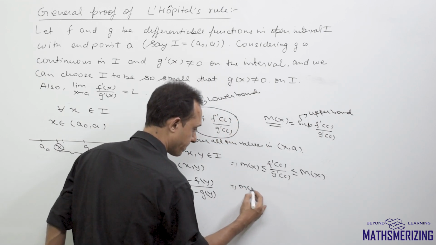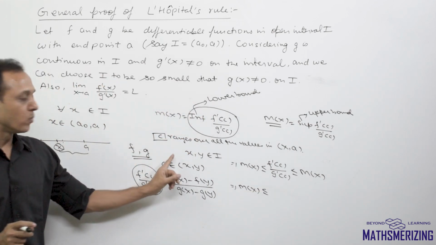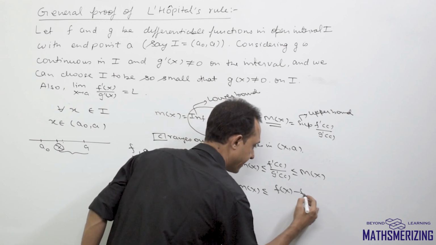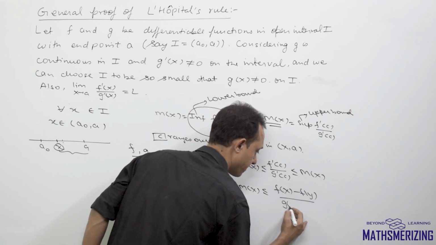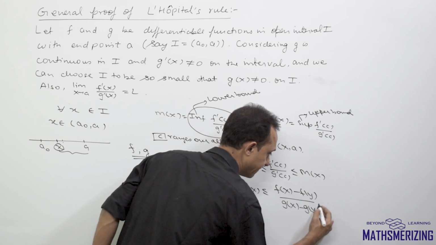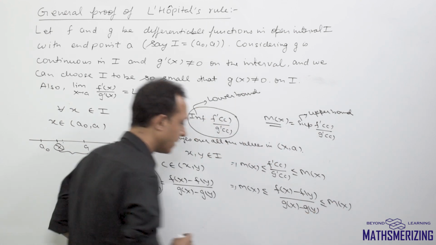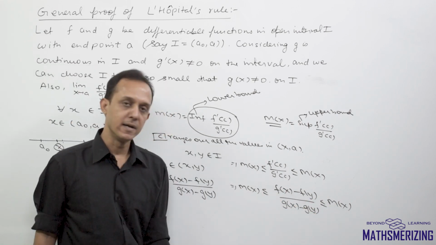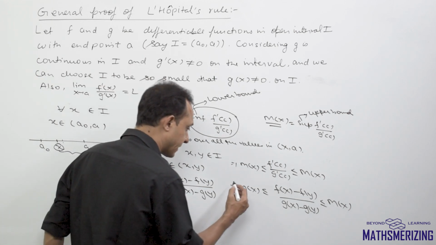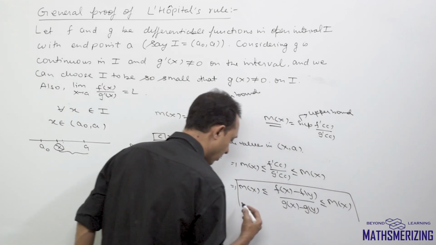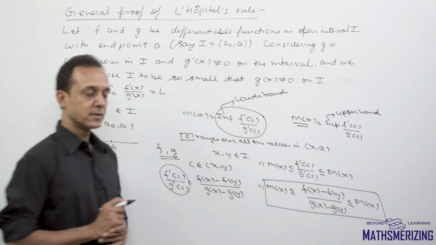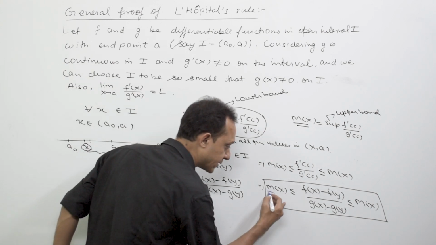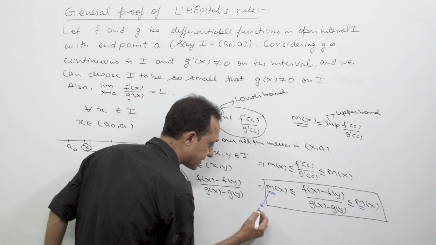So I can say for any 2 points x and y in this interval, fx minus fy upon gx minus gy should be greater than small mx and should be less than capital Mx as a function of x. So this is the condition we'll use to prove L'Hopital's rule in general case. Now there are two conditions that we need to understand here. First, we have taken these small m and capital M on the extended real line.